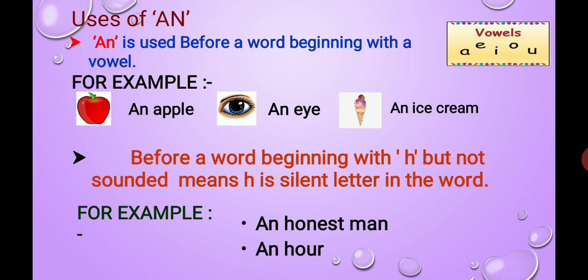No, H is a silent letter in this word, so we use an before hour, right? Hour also has a vowel sound, that's why we use an before hour. I hope you can understand these three rules of uses of a and two rules of uses of an.